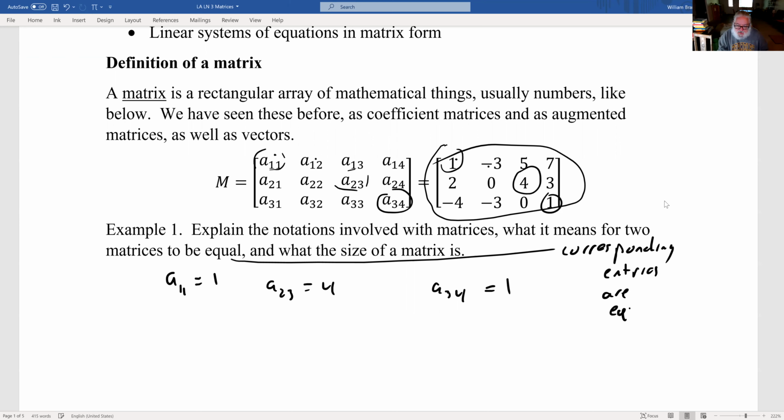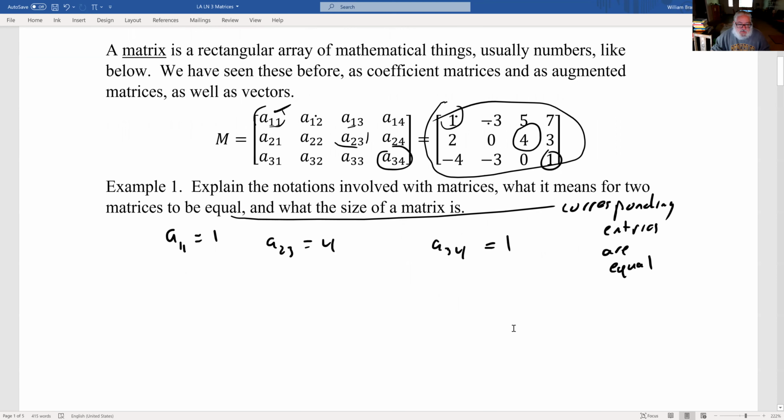And generally, when we're writing these out, we use this kind of notation. For each of these, the first number is the column, and the second number is the row. Sorry, I got that backwards. The first number is the row, the second number is the column.